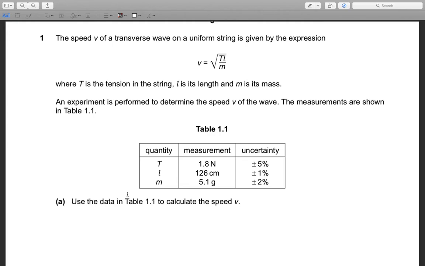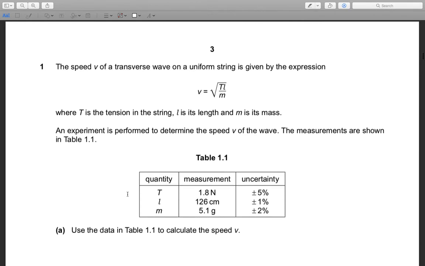Question A: use the data in table 1.1 to calculate the speed.